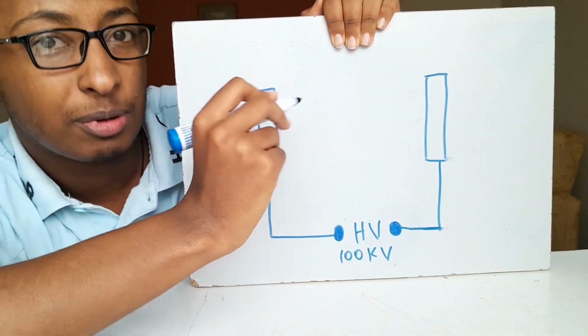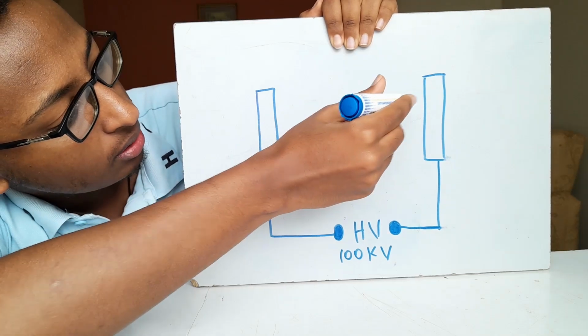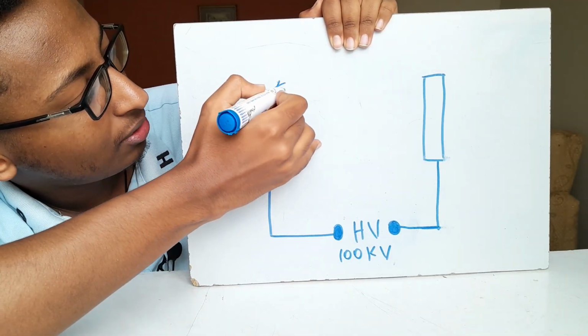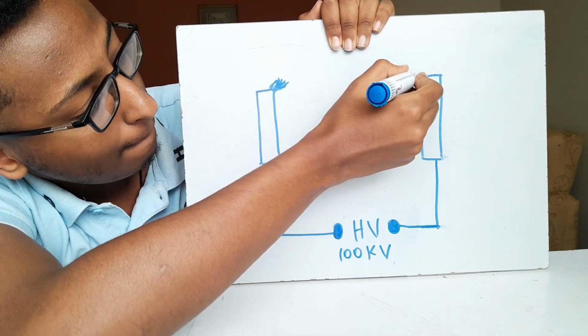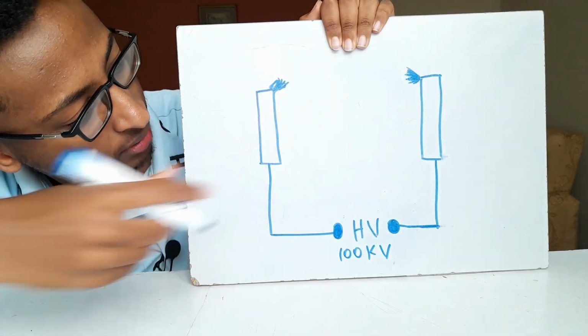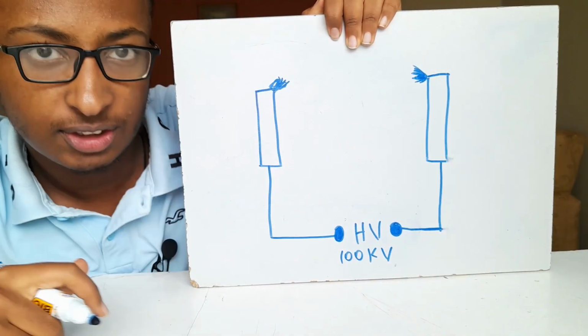Most of the time it happens on the sharp edges of the electrode. Remember that. When we start to bring these two together, we see something start to appear on the sharp edges, just like this. We call this corona discharge.